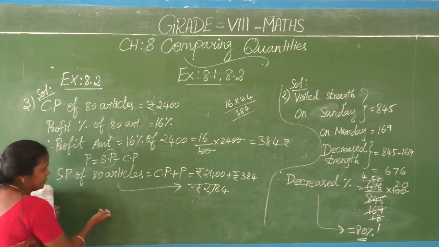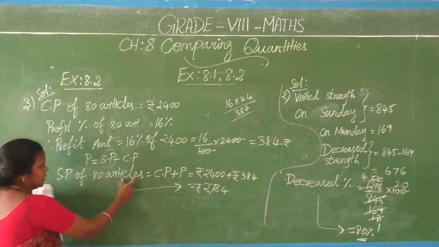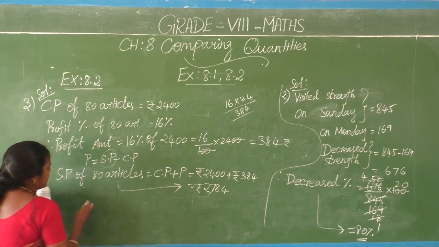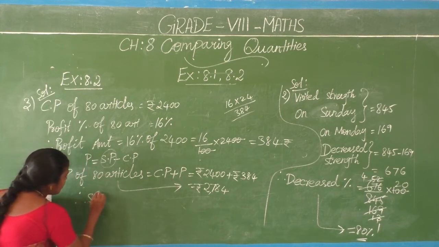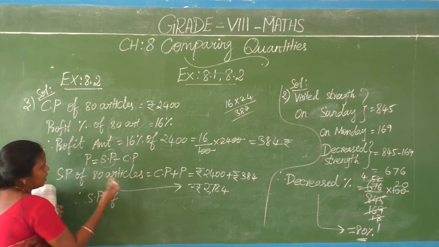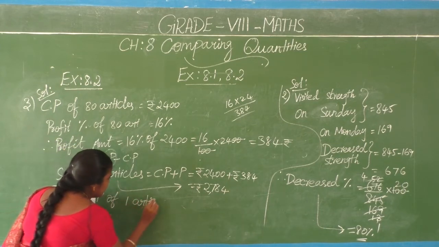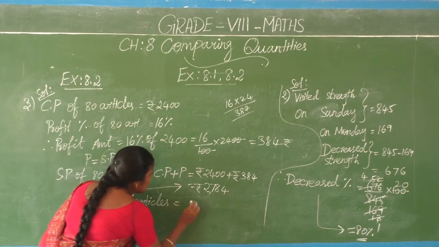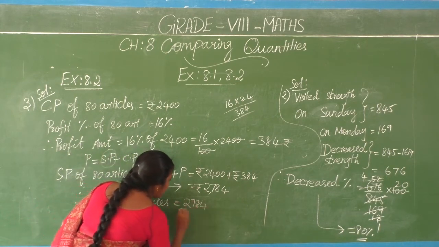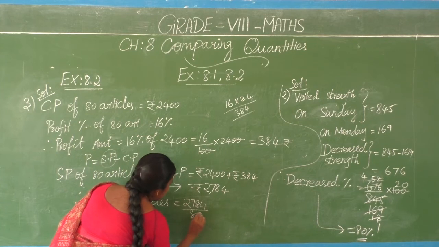So by the unitary method, what to do? For 80 articles, SP is this much, so what is the SP of one article? SP of one article is equal to 2784 divided by 80.